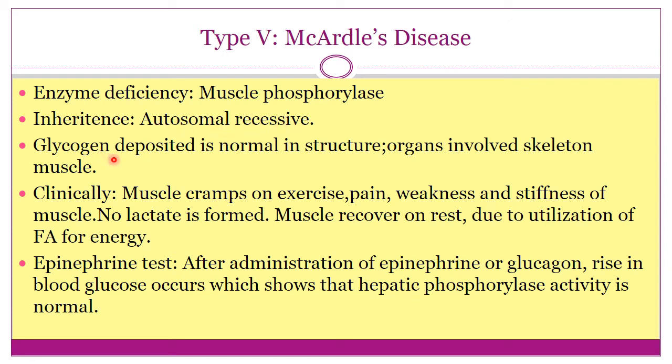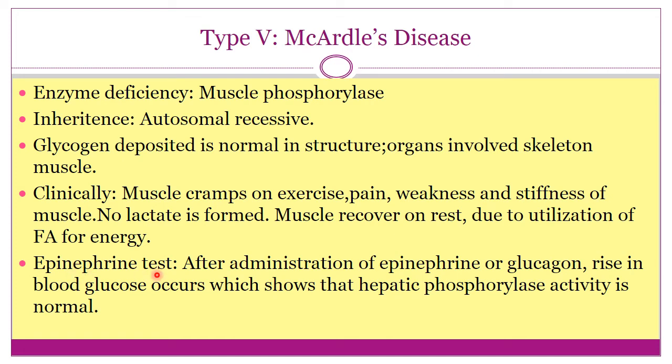The glycogen deposited is normal, normally branched, and the organ involved is only muscle, because it is a deficiency of muscle phosphorylase. Clinically, muscle cramps occur on exercise, with pain, weakness and stiffness of muscle. No lactate is formed, and the muscle recovers on rest due to utilization of fatty acids for energy.